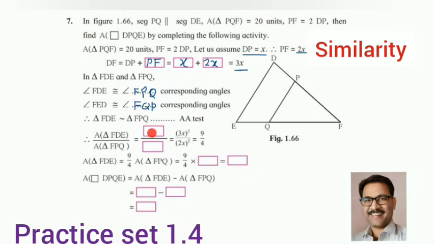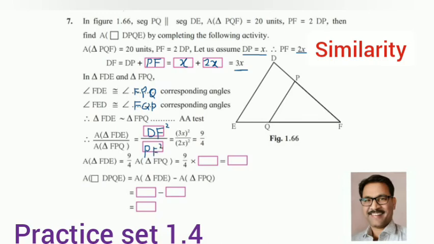So the corresponding sides will be DF to PF. We write FDE, the bigger one, so DF, and it is squared. Similarly, here it is PF, again squared.